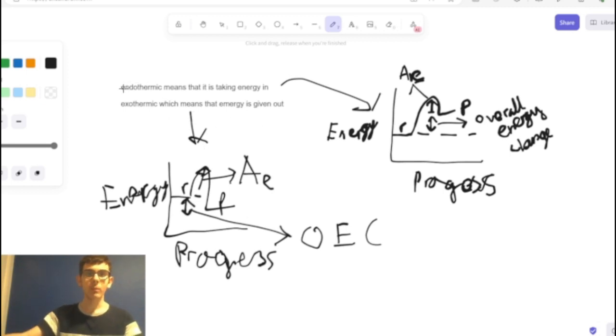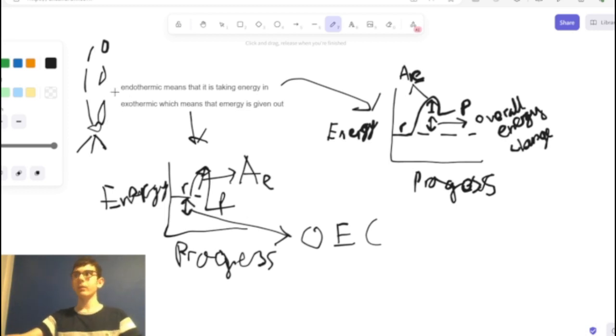Now, also you need to know some examples of exothermic and endothermic reactions. So exothermic reactions, you could have burning. Burning is an example of an exothermic reaction.